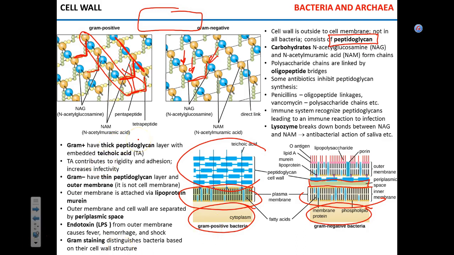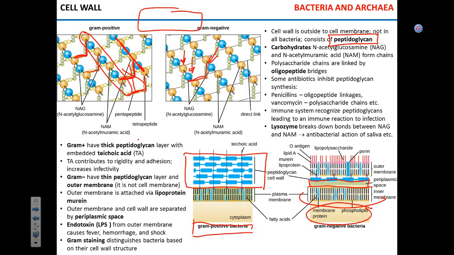Now, I mentioned before gram-positive and gram-negative. So here we can define what it means, and it's really important. Let's take a look at gram-positive cell walls. The gram-positive cell wall is right here, and you can see that it is a thick layer of peptidoglycan.